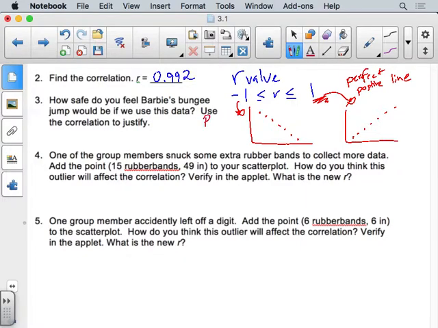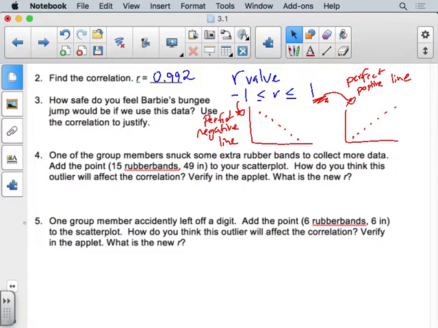So maybe I'll say that, a perfect negative line. Alright. So I mean, I'm feeling pretty confident about it. We're at like 0.992, so we're almost fitting that perfect one. So for what we know right now, it's looking pretty strong.